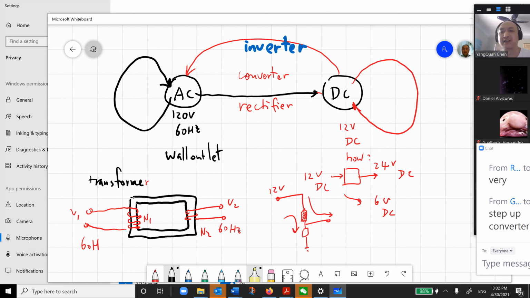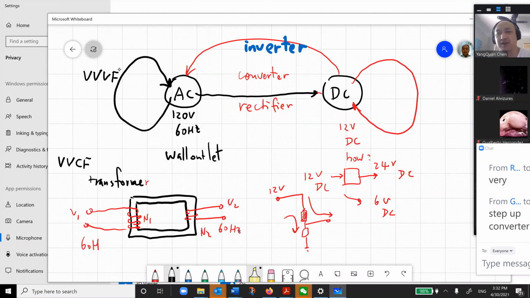So in this case, it's called variable voltage, but it's a constant frequency. But what if I need a variable voltage and a variable frequency?